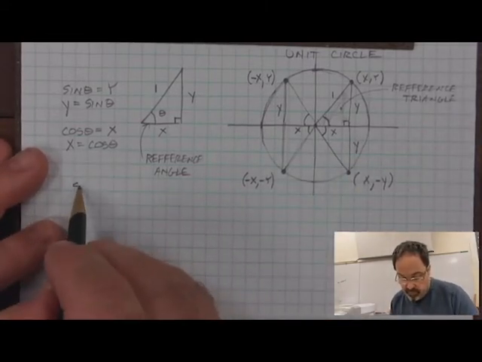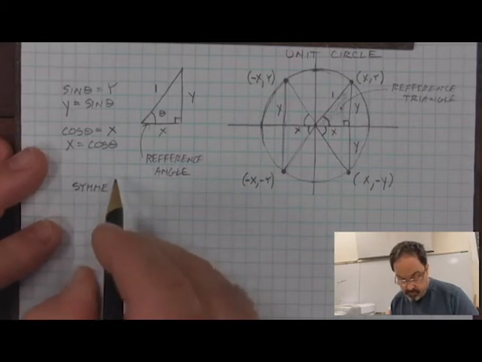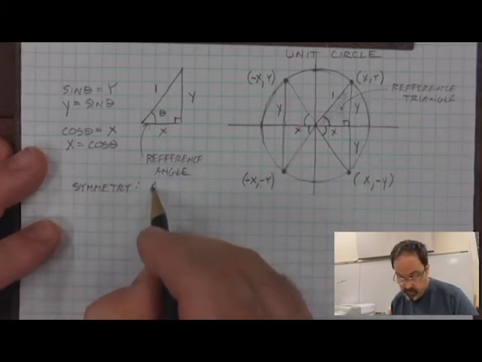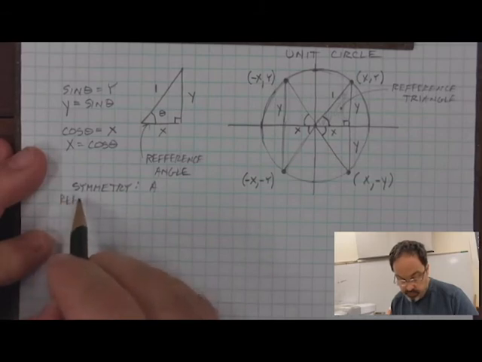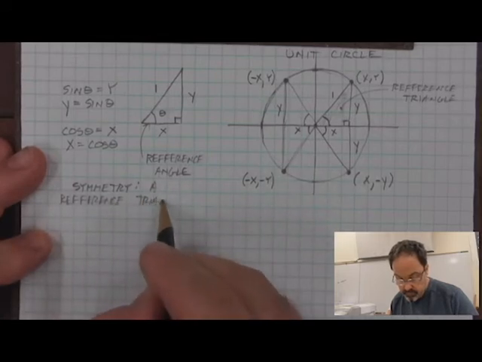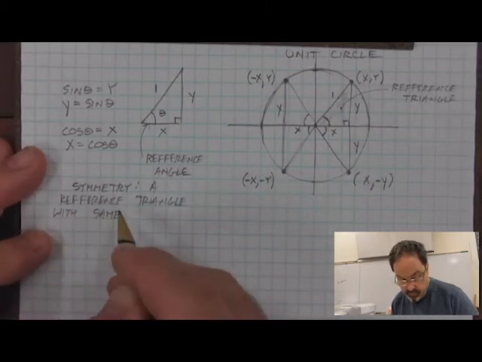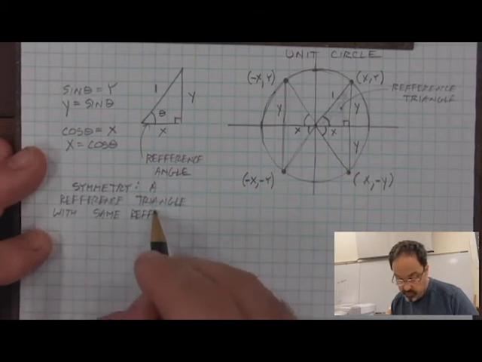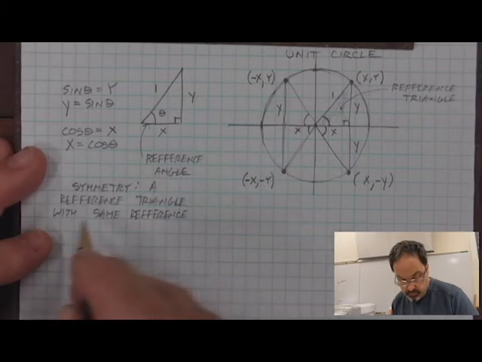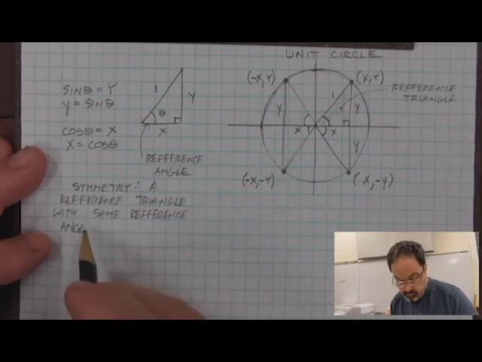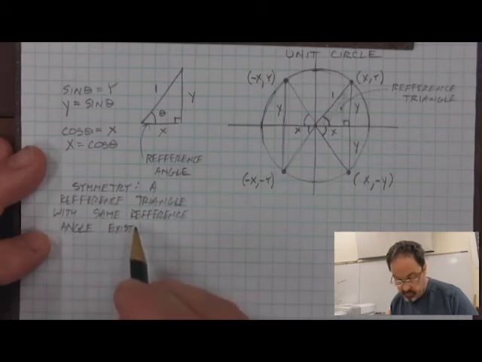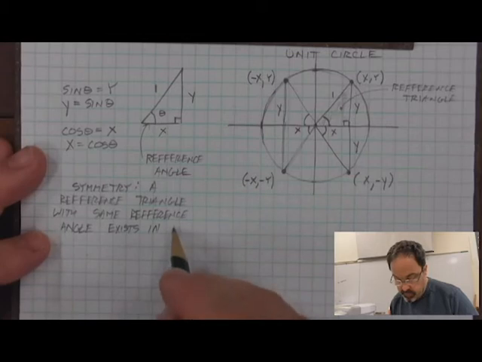So based on observations of symmetry, a reference triangle with the same reference angle exists in each quadrant.